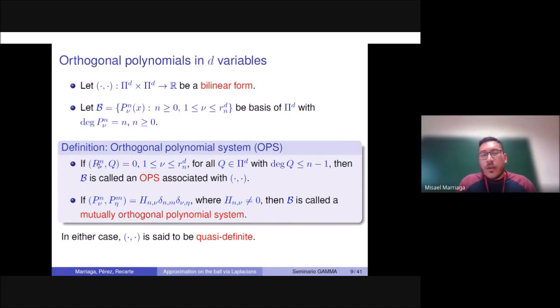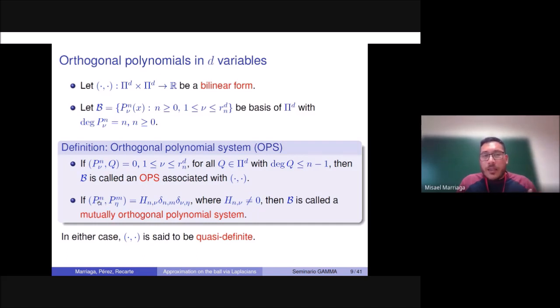If all the polynomials satisfy this orthogonality condition, I say that this is an orthogonal polynomial system. I have said nothing about what happens when I put another polynomial of the same degree over here. So this is a nuance of the multivariate case.